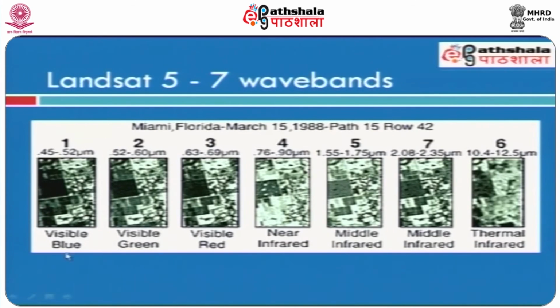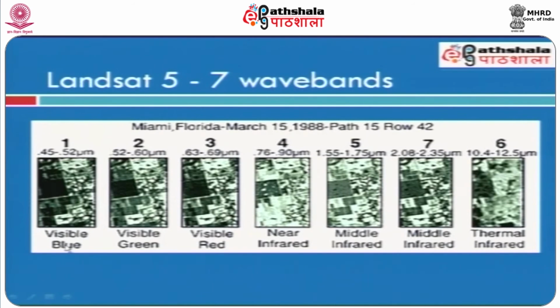Here we have visible blue, visible green, red, near infrared, middle infrared, a second set of middle infrared, and thermal infrared. You can see that each of these bands behaves differently over the same area.